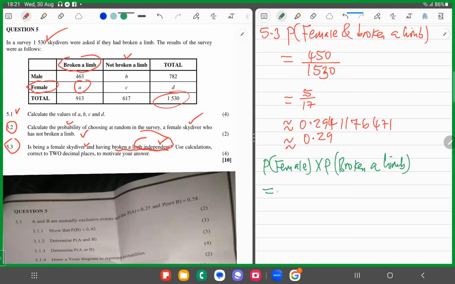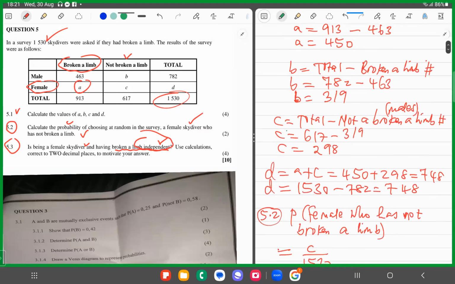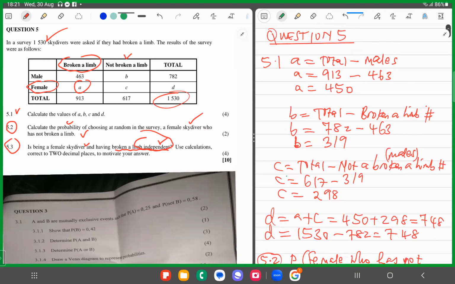What is the probability of female? Let me just plug in the values we got into the table so that we can see very well, lest we forget. A is 450. B is 319. C is 298.